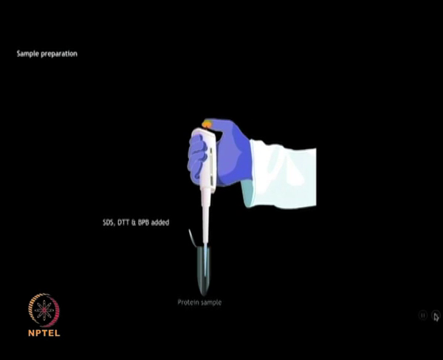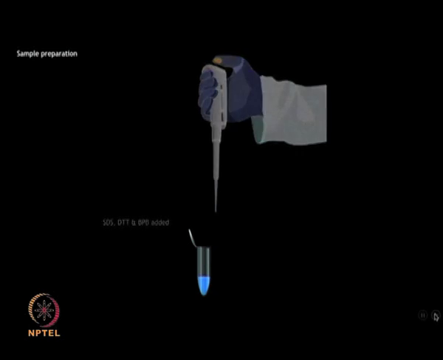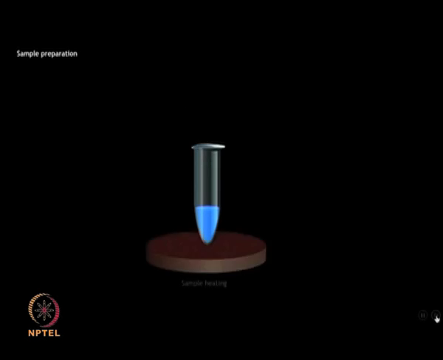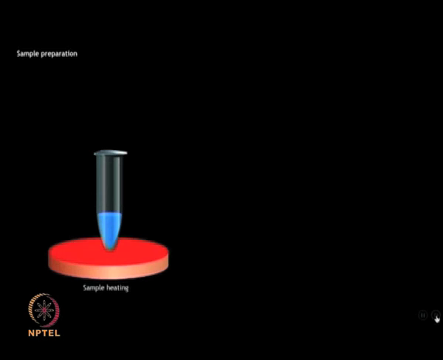Now, you can prepare the sample to load on the SDS-PAGE gel. SDS is a negatively charged anionic detergent that binds to protein molecules and causes them to denature. The DTT used breaks any disulfide linkages that may be present.